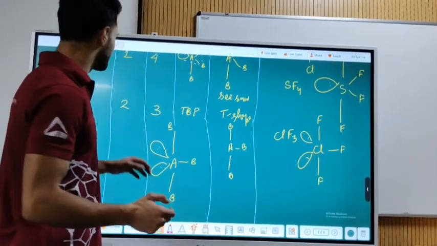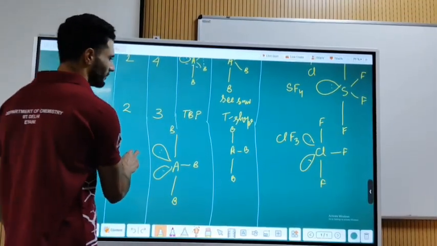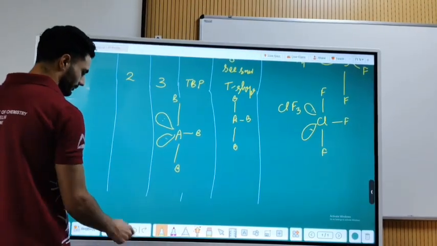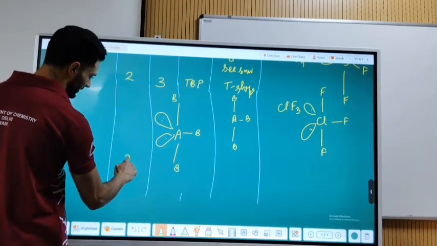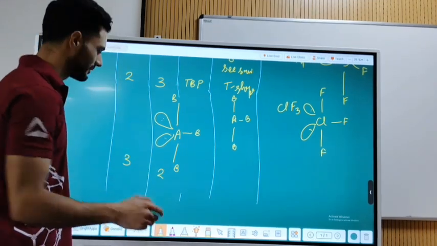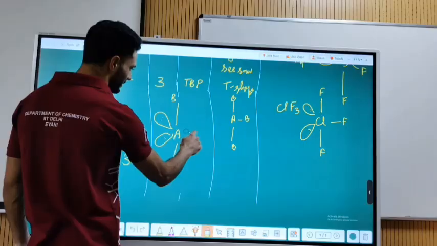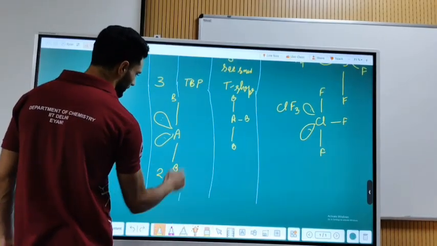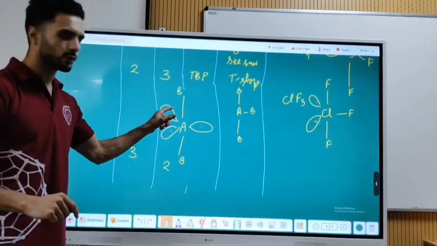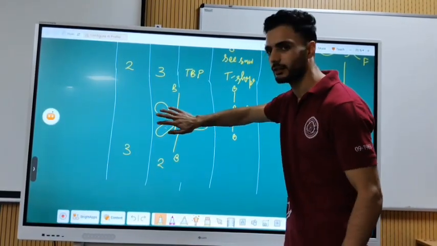Now there is a last case, when the number of lone pairs is 3 and the number of bond pairs is 2. Similarly, the geometry will be trigonal bipyramidal, but we replace three positions with lone pairs. But if you look at the shape, let's hide these 3 lone pairs.